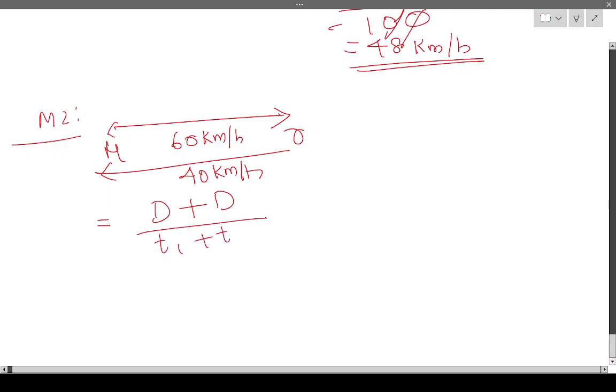Why am I discussing in this way? So that it will be easy for you to solve it, even if you didn't know the formula. This is 2d, the total distance.